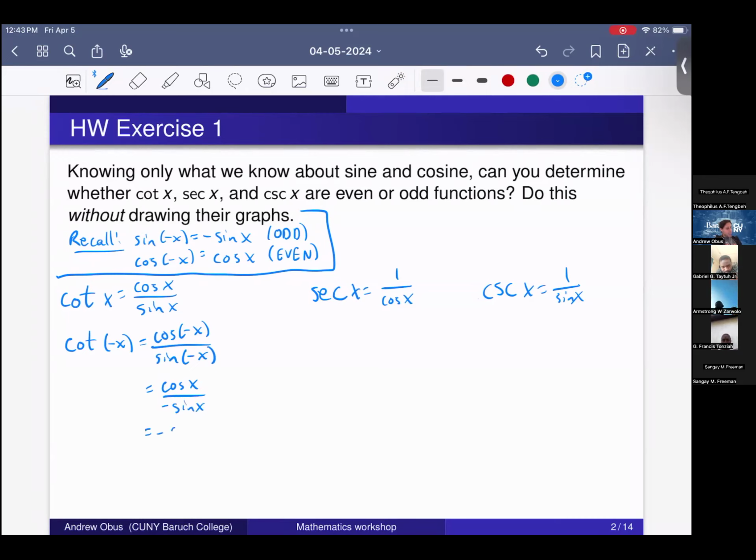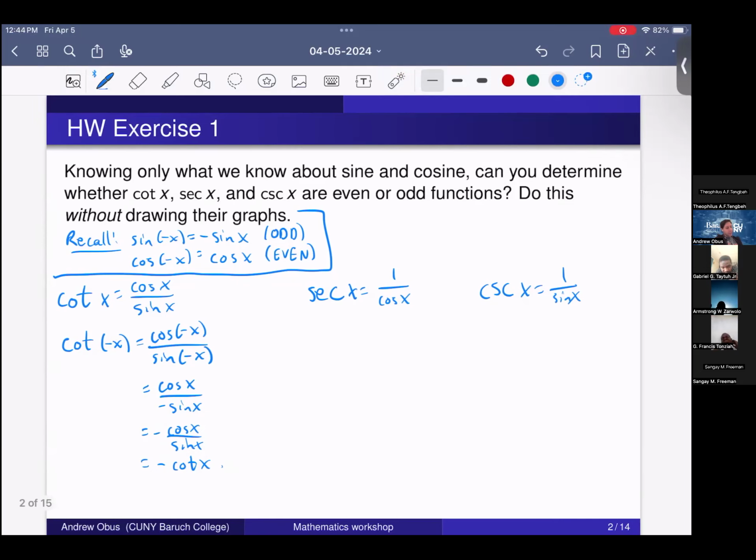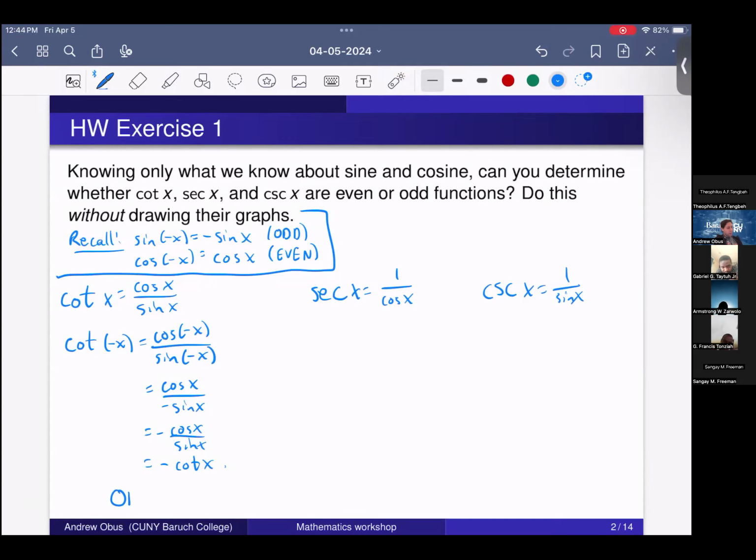So this is minus cosine of x over sine of x, and this is exactly minus cotangent of x. As Gabriel said, when we plug in minus x, a positive divided by a negative is going to be a negative. So we end up with minus cotangent of x. That means that if you plug in minus x, you get minus the function, so this is an odd function.